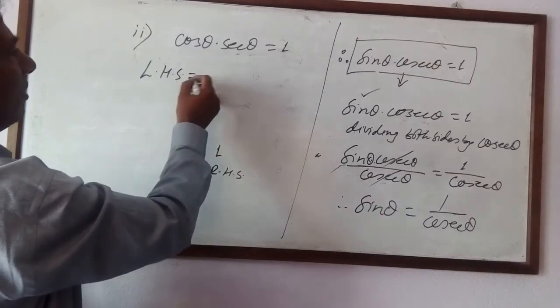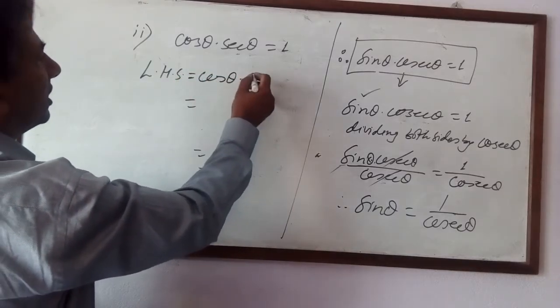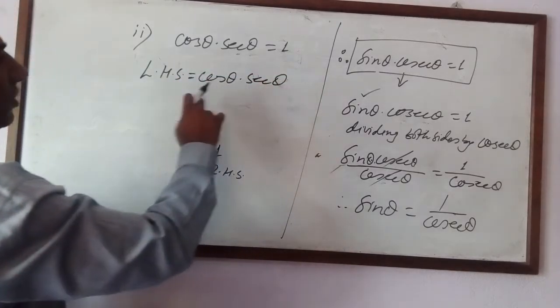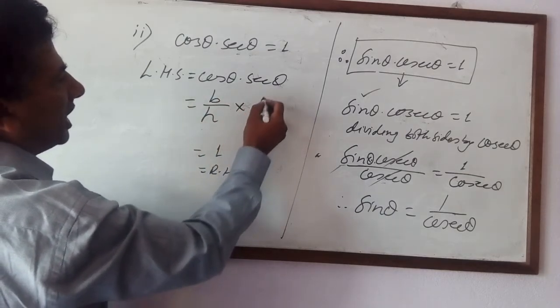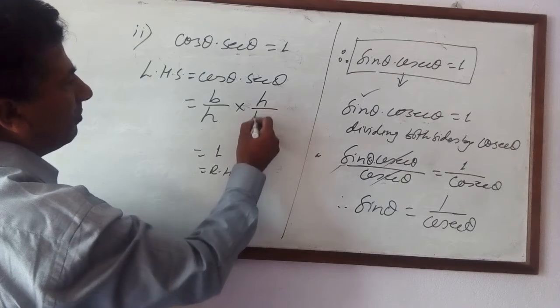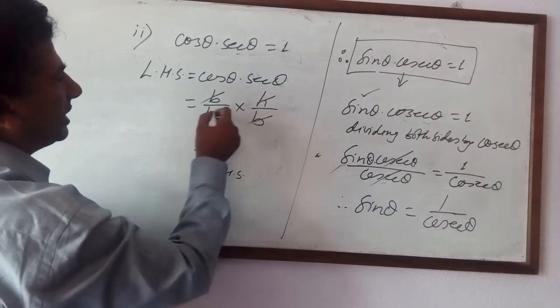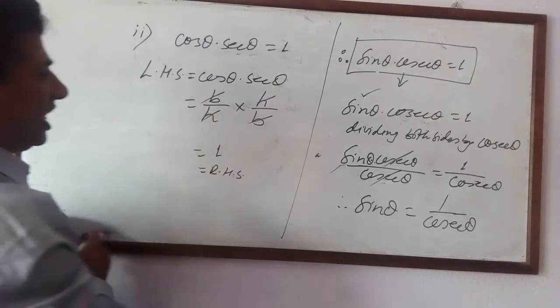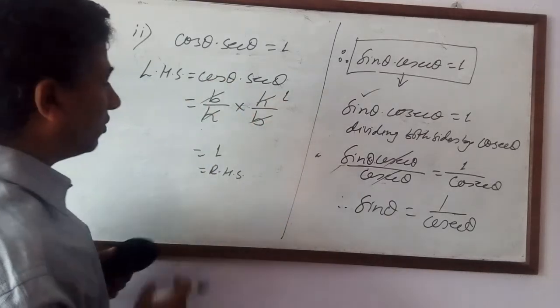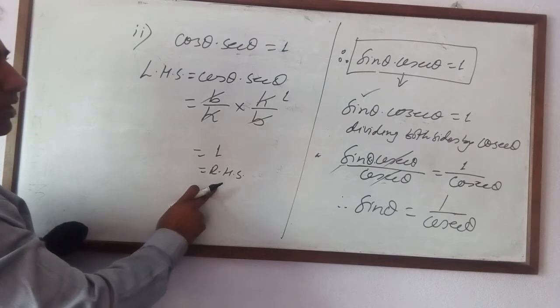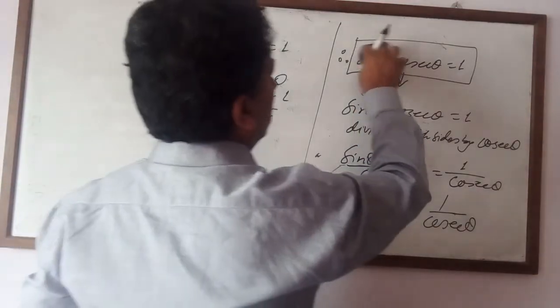Left hand side: cos theta times sec theta. Cos theta is B by H, and sec theta is H by B. This B and B, H and H cancel, and here is 1. So cos theta times sec theta equals 1. RHS proved. Again, same method here also.